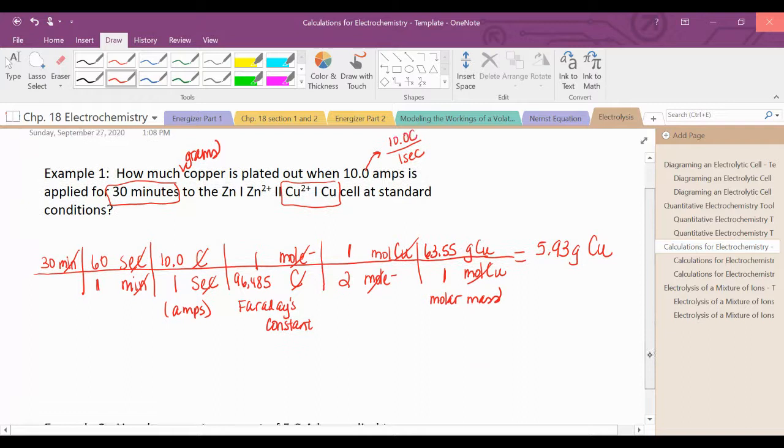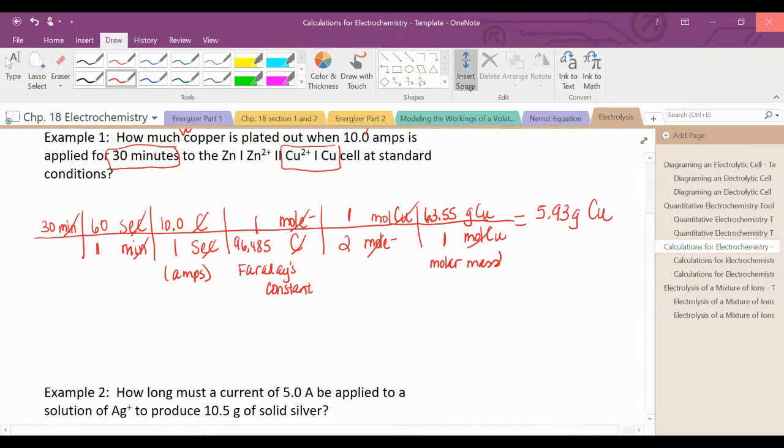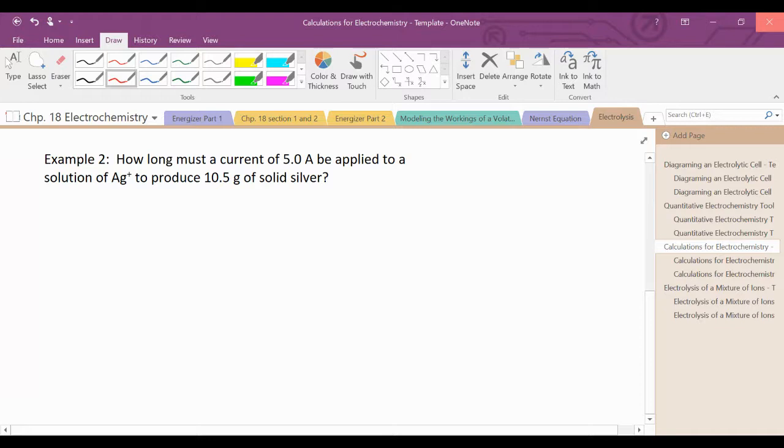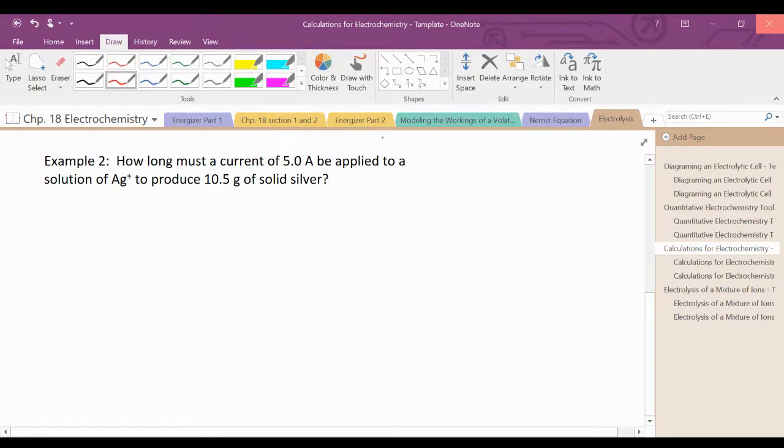Okay, so there's my problem number 1. Let's look at my problem number 2. So in this case, I want to know how long. So we're looking for time, and I wouldn't specify units. So you can give it in seconds, minutes, or hours. Must a current of 5 amps. Okay, so again, this is my current.